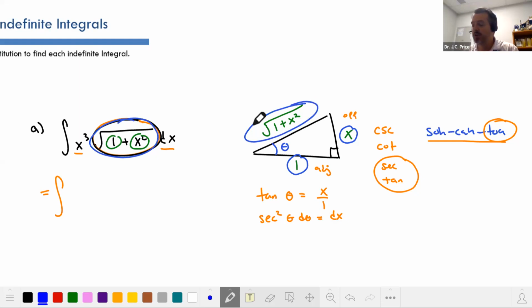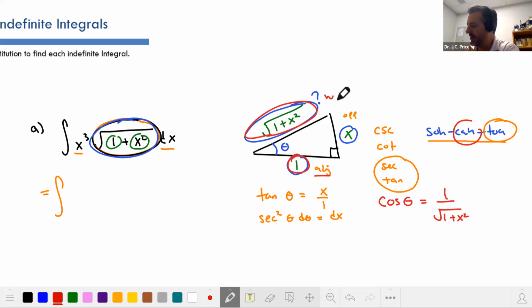So what I want to do is look at my right triangle and try to figure out how I can rewrite that in terms of theta stuff. Again, you come back over here to your good old friend SOHCAHTOA, and I'll use the easiest side. So I'll use that side, and I want that side. Which is that? That's the adjacent over the hypotenuse, so that's the cosine. So I'll write cosine of theta is equal to 1 divided by the square root of 1 plus x squared, because it's the adjacent over the hypotenuse.